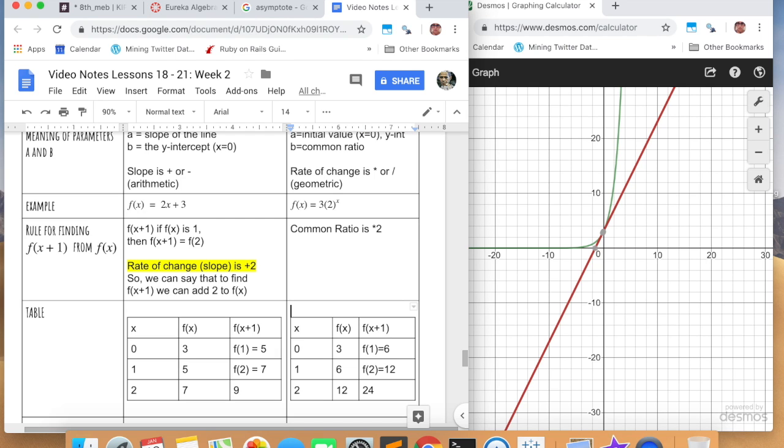And basically what we're doing is applying that common ratio of multiplying times 2. So we can say that that is the rule. To find f of x plus 1, or the next value that comes, we multiply by the common ratio.